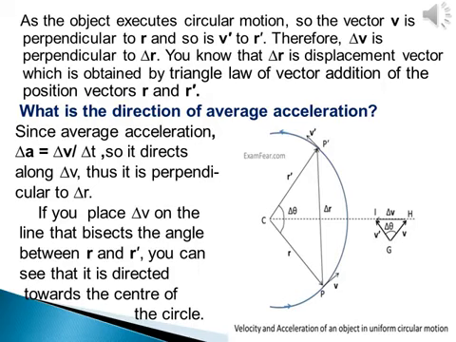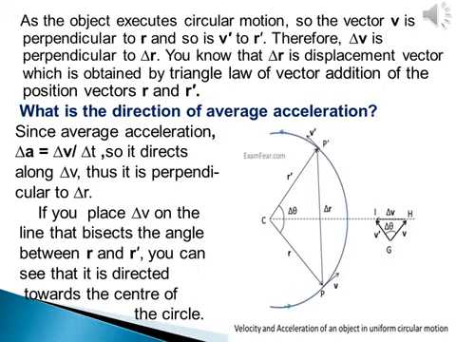You should see that delta v is obtained by the triangle law of vector addition of the two velocity vectors v and v dash. You know that delta r is the displacement vector, which is also obtained by the same method, the triangle law of vector addition of the position vectors r and r dash.